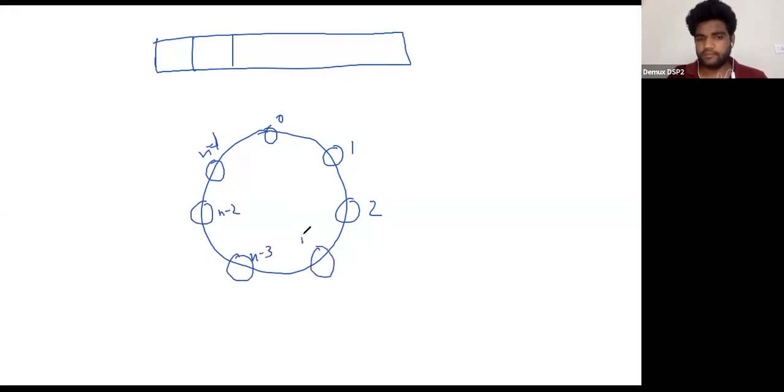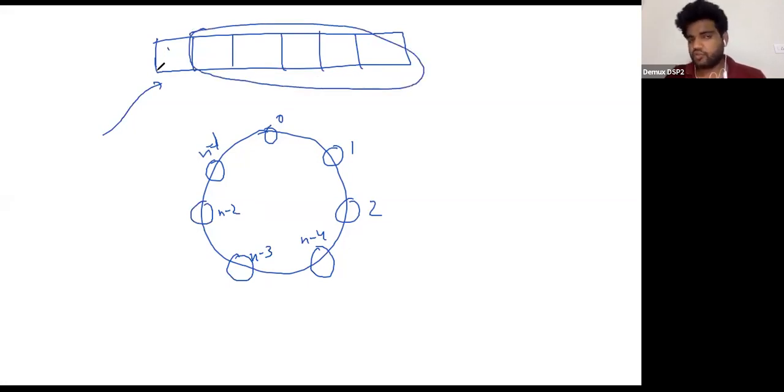So what is the difficulty, or what is the fallacy in the previous decision? The decision was that you could choose to rob house 0 or not rob house 0, right? If you choose to not rob house 0, then you are left with this, which is fine.